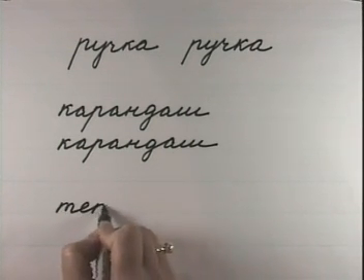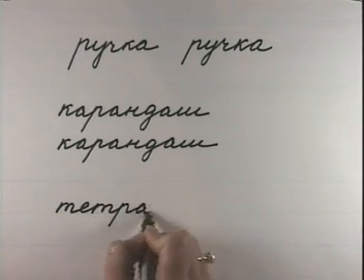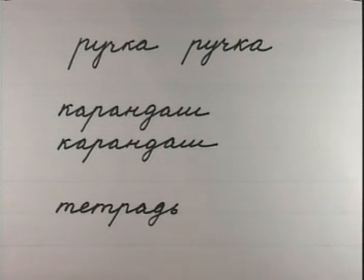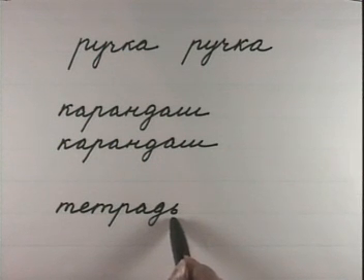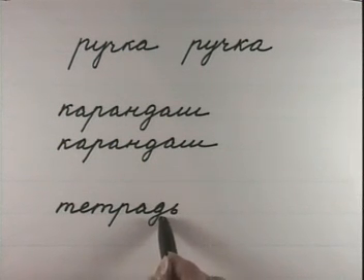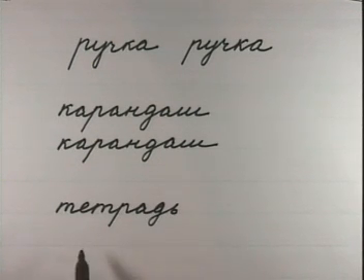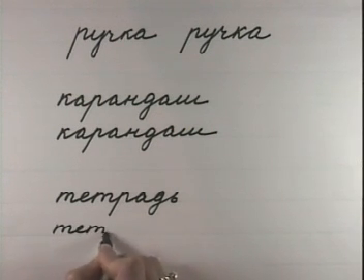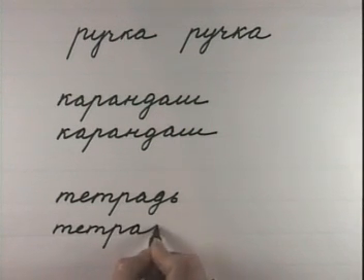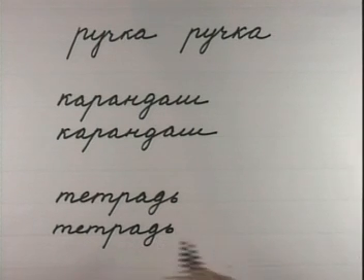And right now you are writing in your notebooks. Тетрадь. And notice this lovely little soft sign. It makes this sound very soft. Тетрадь. Let's write this word one more time. And you complete it with a soft sign.